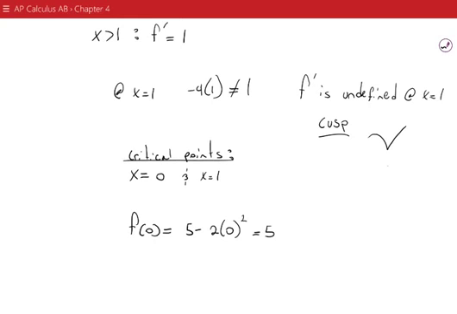It's going to be equal to 5. And f of 1, we're also going to be using that function. This function is continuous, so it doesn't matter which function we use, but the way it's defined, we'll use this one, and that comes out to 3.